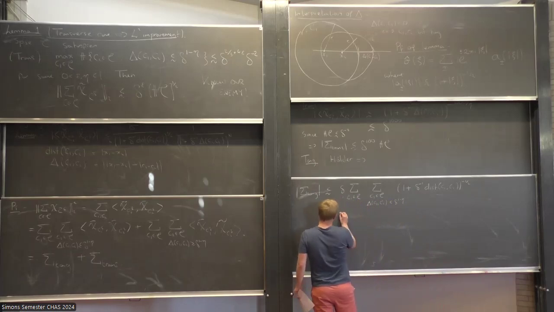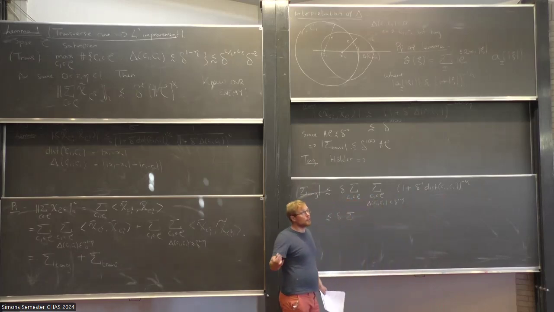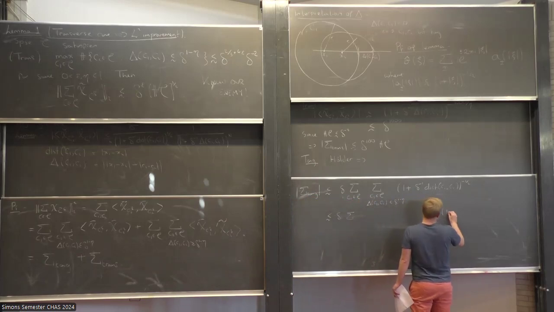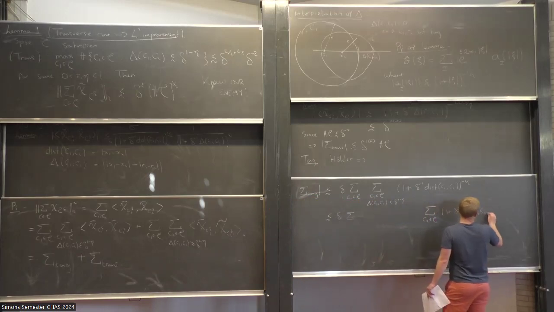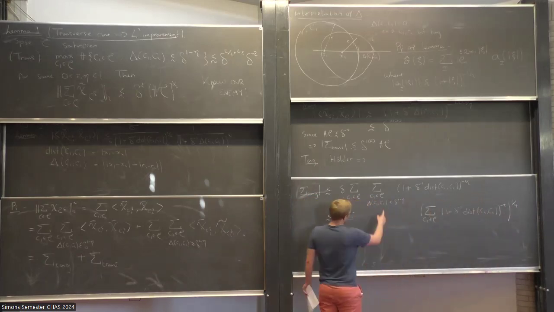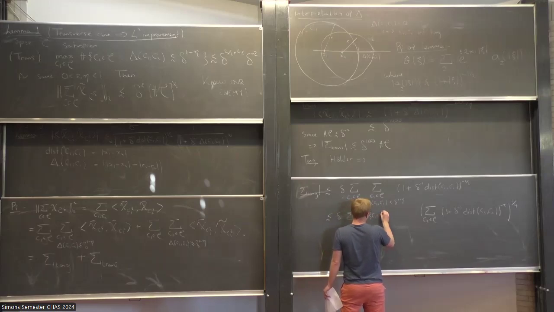So when we do Holder, I need to go from minus a half to minus 2, so I need to raise it by a 4th power. We're going to do Holder, and then I'm going to get the cardinality of the C2 set to the 3/4 power.